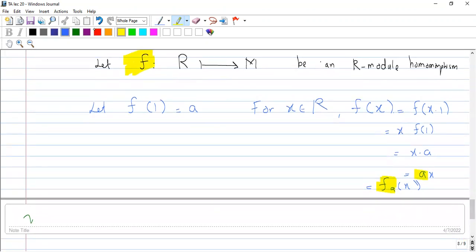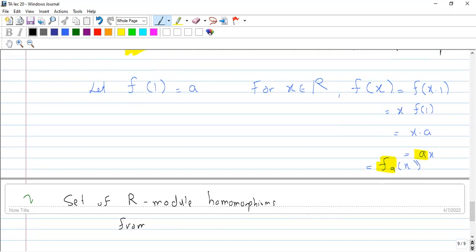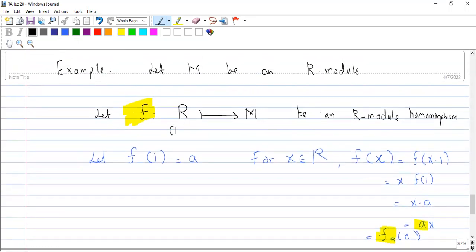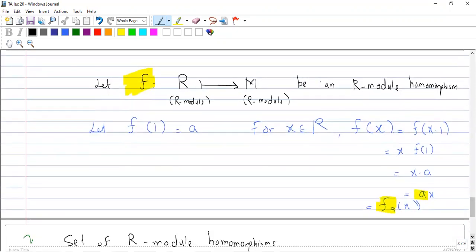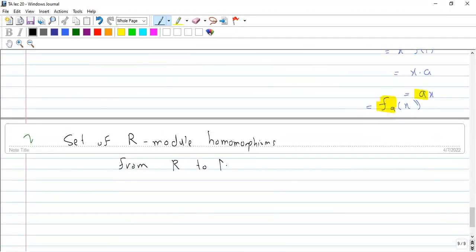So the set of all R module homomorphisms from R to M, where R is an R module and M is also an R module, contains maps which are in the form of f of a, where a is an element of R.